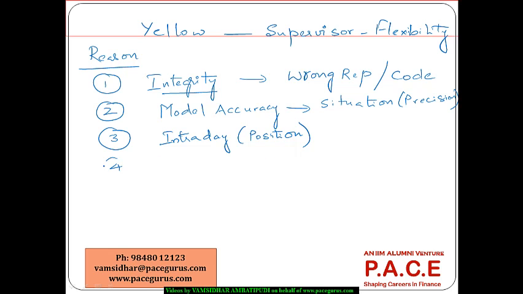And the fourth is purely bad luck, which is more attributed to market related variables. The volatility in the market has changed drastically, and the correlation between the various market elements has changed drastically.